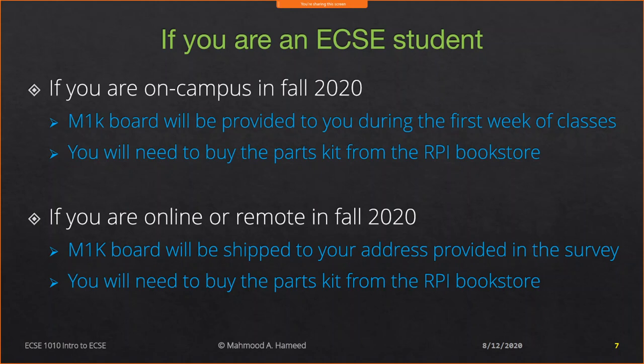How long would it take if I buy it on the RPI bookstore? Oh, that depends on where you are located. If you are within the US, it might take anywhere between 1 week to 2 weeks. But if you are outside of the US, then it might take a long, long time, which means you should try to look for this same parts kit outside of the US and buy it locally.